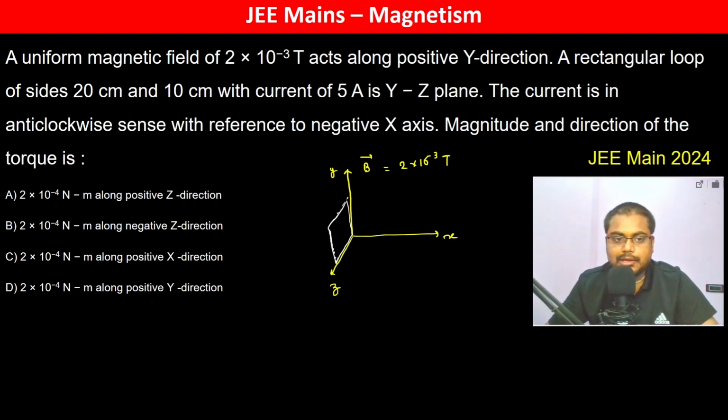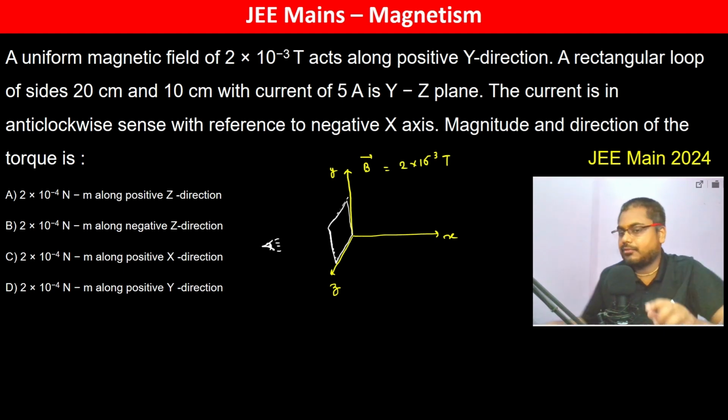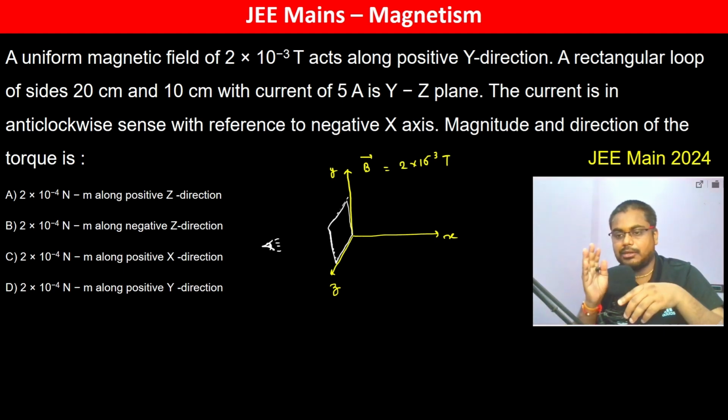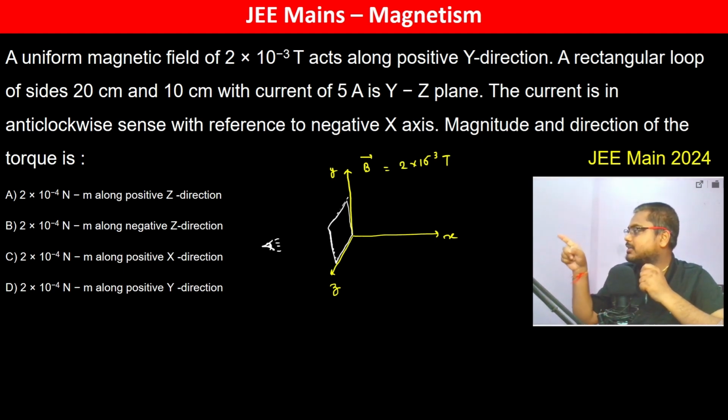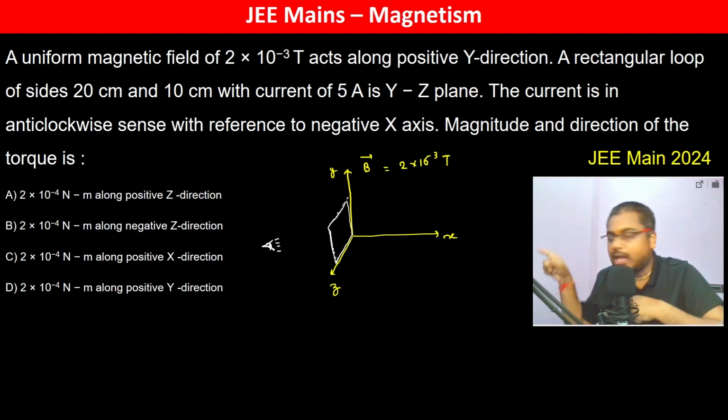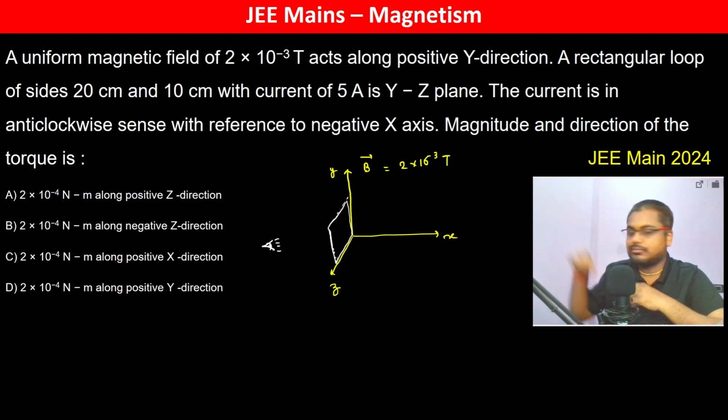The current is in the anti-clockwise sense with reference to the negative axis. So if I'm looking from here, my image will be inverted, so you have to look from your side. So I am looking from the negative axis, and the current is in the anti-clockwise sense.